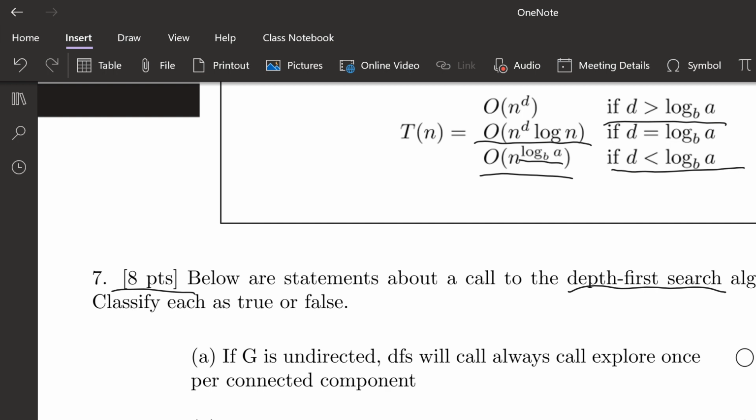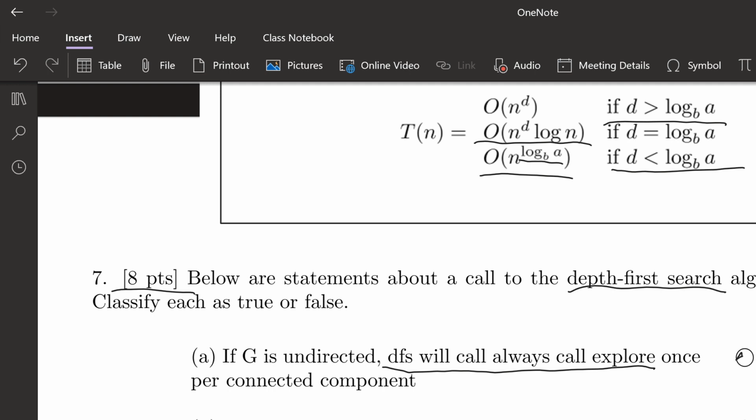Explore is recursive, so explore calls explore, but we are specifically asking when DFS calls explore. So DFS is only going to call explore once, and then explore will do whatever it does. Does that make sense? I still saw a couple more hands if people have any more comments.